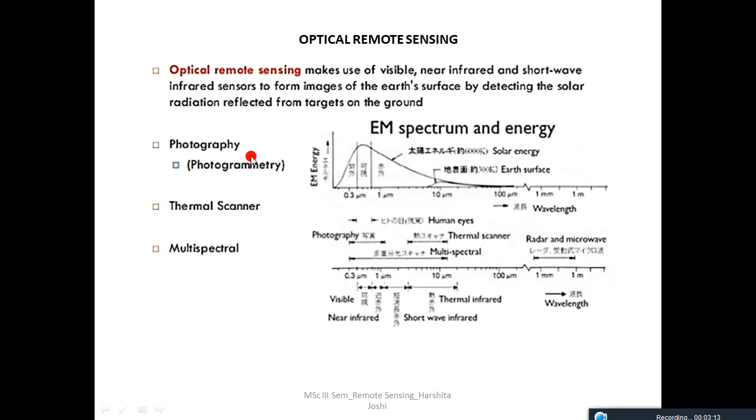Photographs are different from images, as I already told in the previous lecture. Images have various pixels which have a particular amount of energy stored in them. That energy is identified on the basis of the digital number. We will discuss digital number in the coming classes.